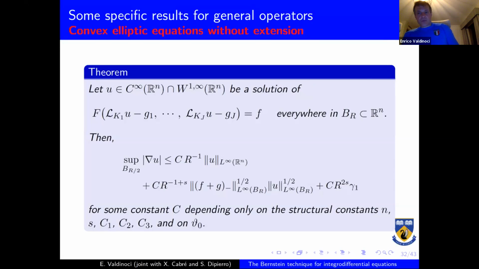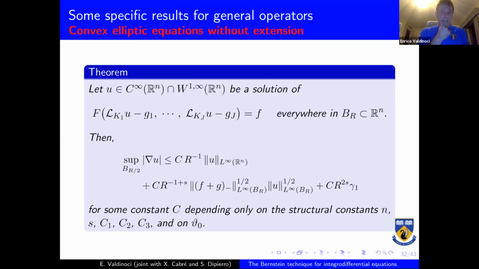Other examples to which our non-local Bernstein method applies are fully nonlinear equations with convex nonlinearities. This is again very similar to what we discussed before. You have a convex fully nonlinear equation built up this time from general integral operators instead of the fractional Laplacian.